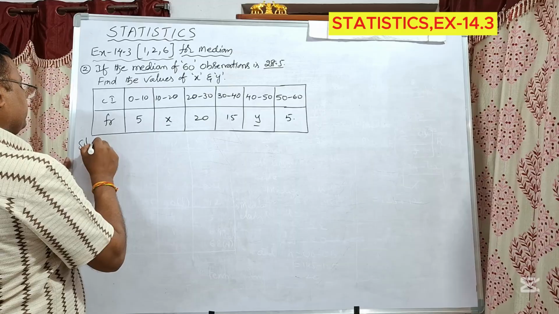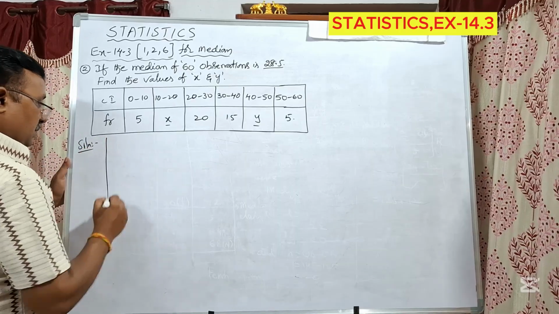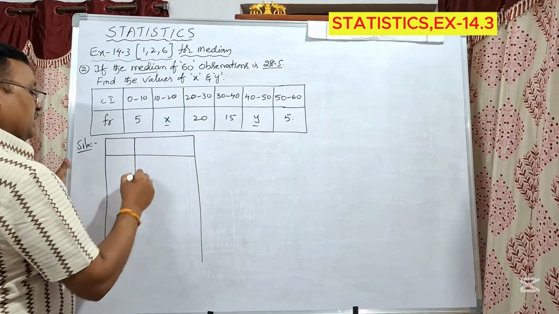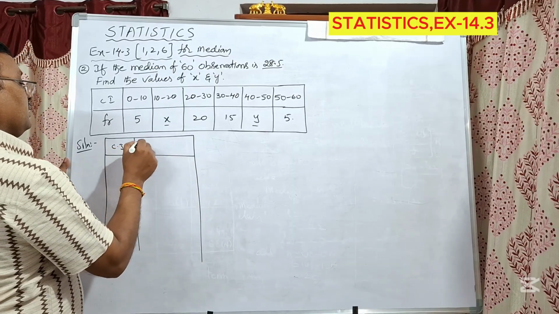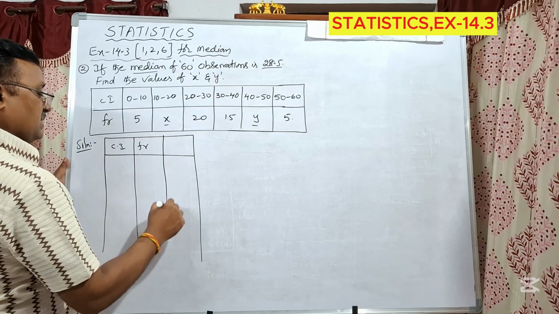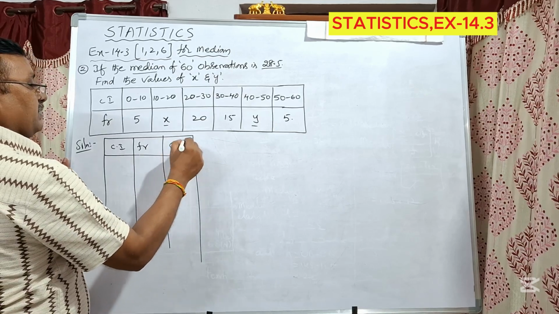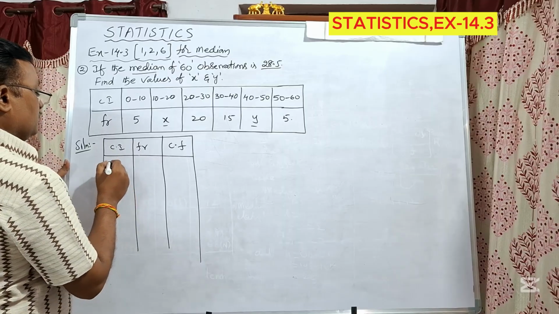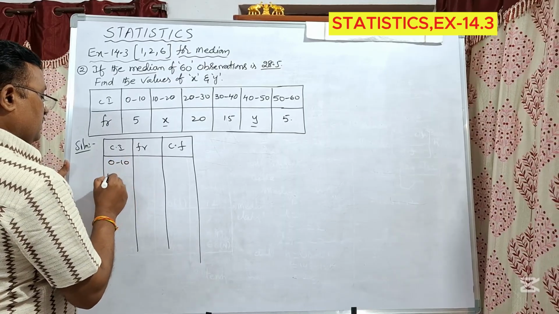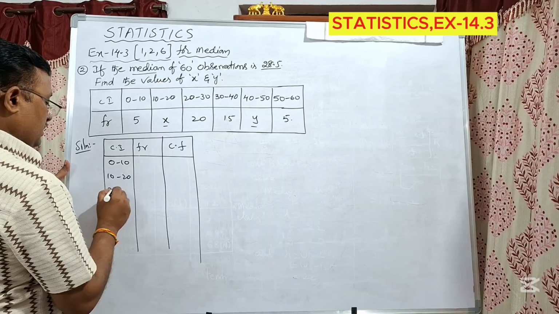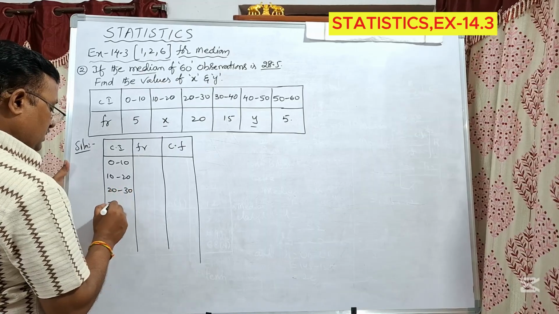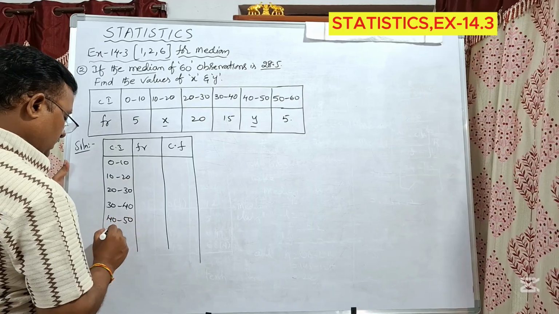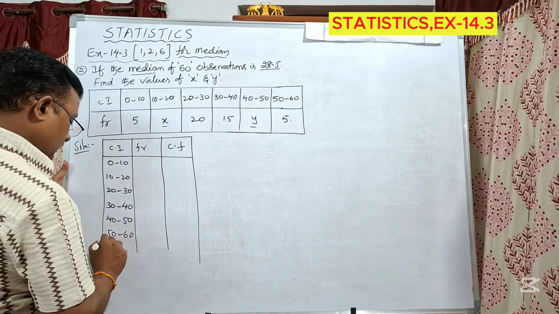Solution: prepare the table for our median, with the given class intervals, frequencies as they are, and cumulative frequency. It is a 3-column table for median. Remember the class intervals are 0 to 10, 10 to 20, 20 to 30, 30 to 40, 40 to 50, and 50 to 60.